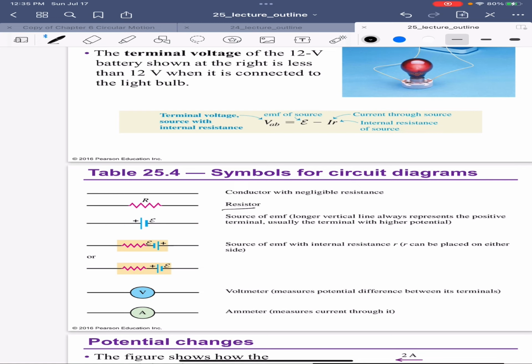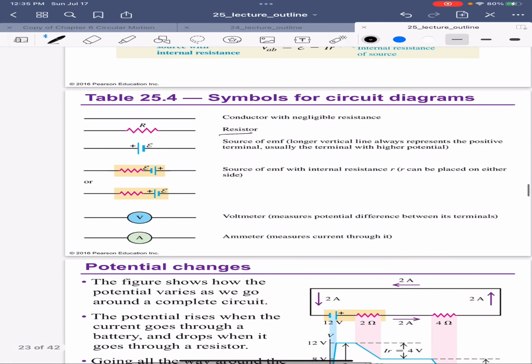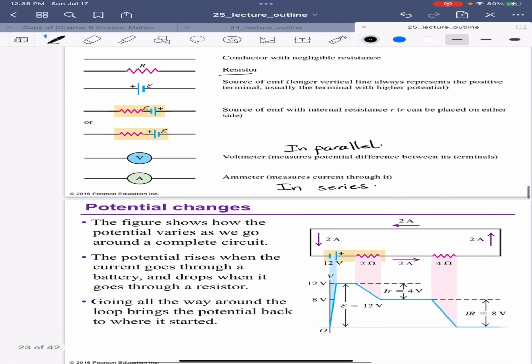This is a source of EMF with internal resistance R, and it can be placed on any side. V here is for voltmeters, which are used in parallel and usually have very high resistance, and ammeters measure current, are used in series, and usually have zero resistance.